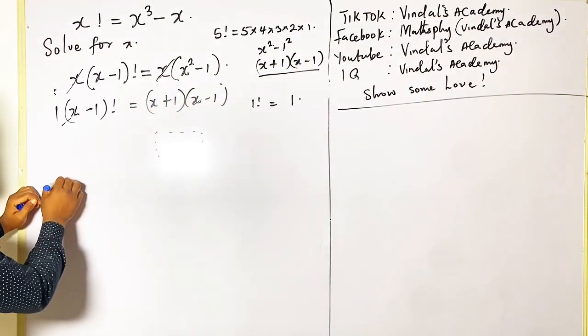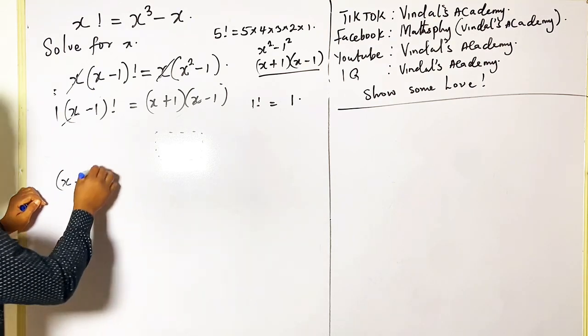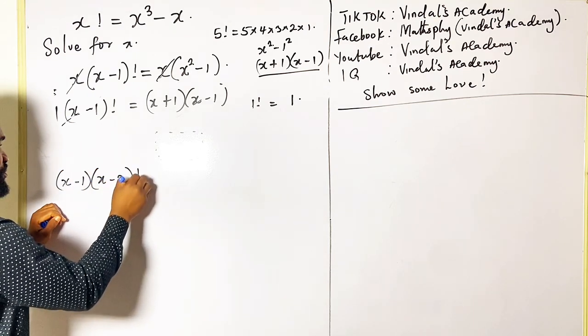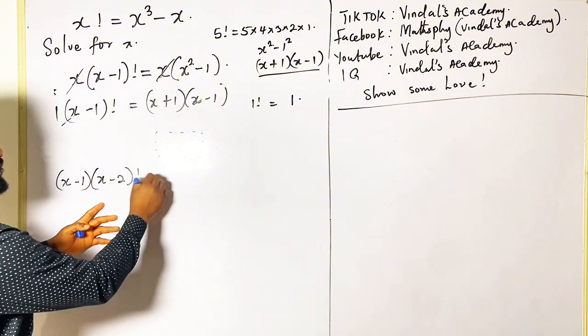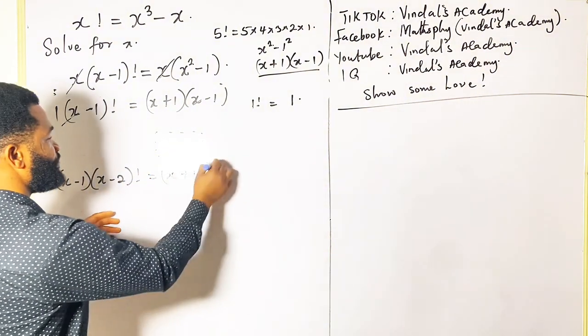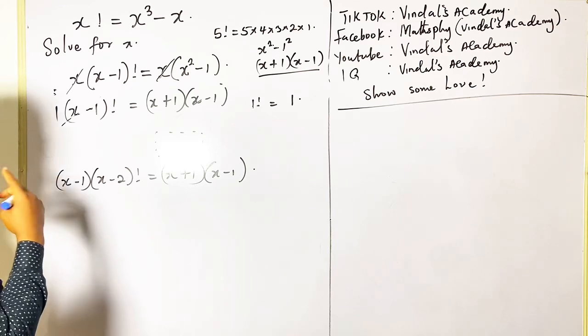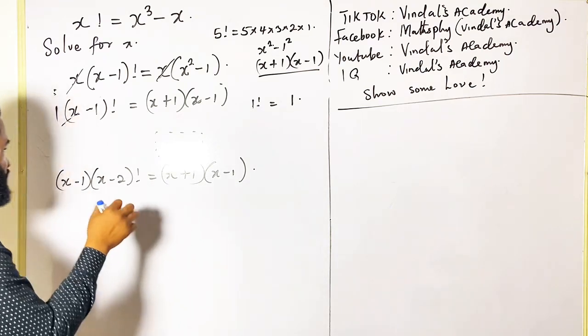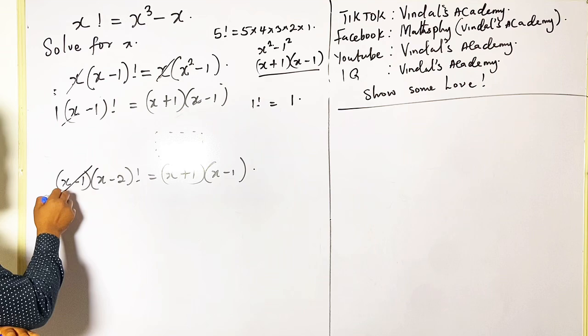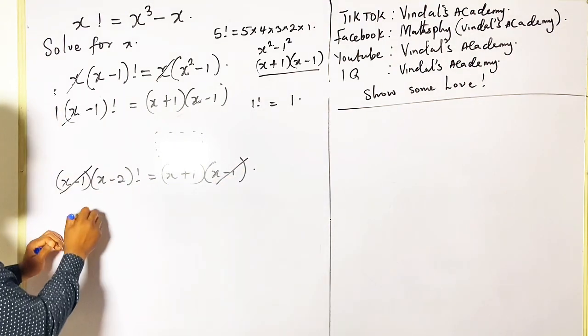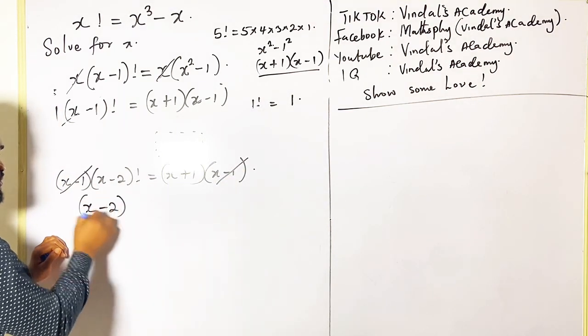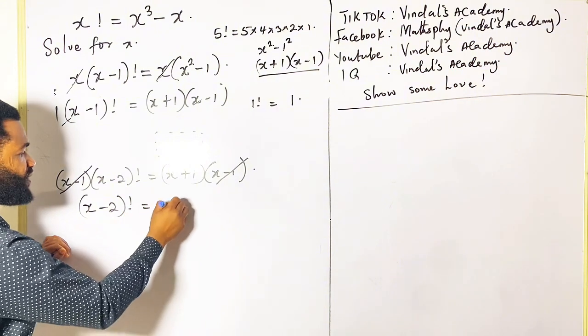Say that x minus 1 and x minus 2 factorial is going to be equal to x plus 1 and x minus 1. So I think I'm on track. I can still cancel this and cancel this. I'll have x minus 2 factorial is going to be equal to x plus 1.